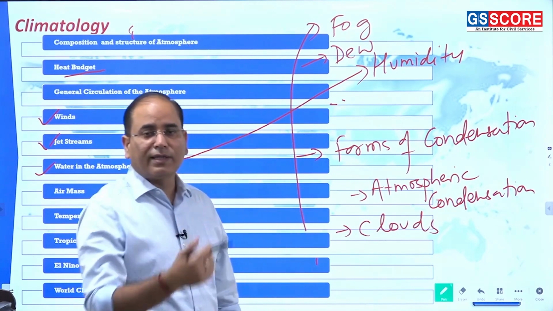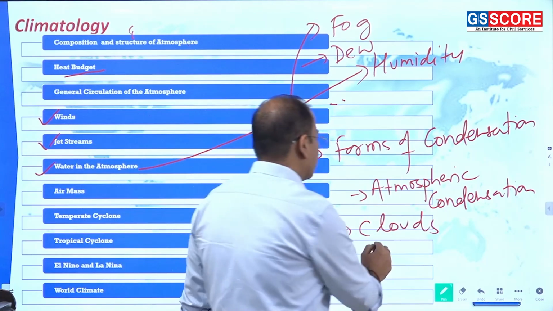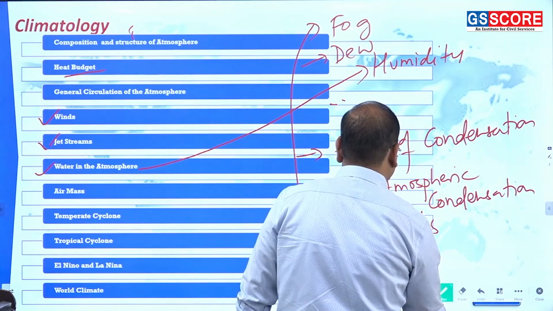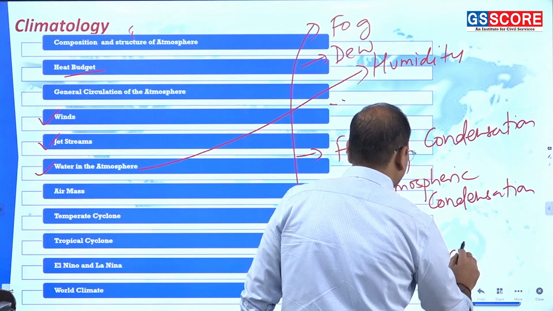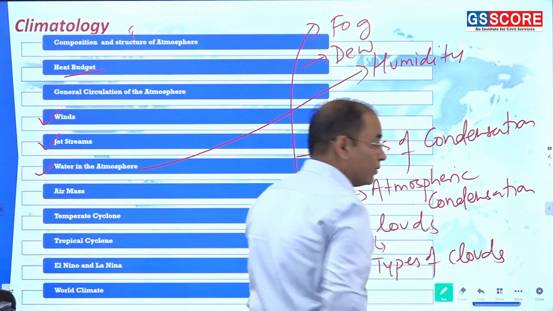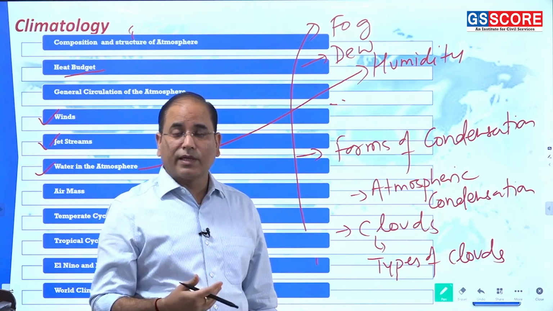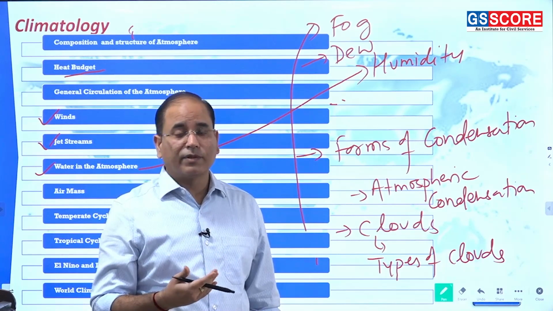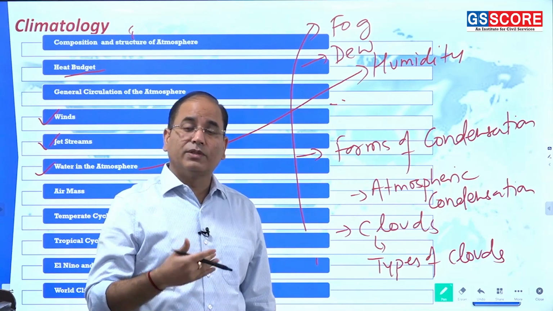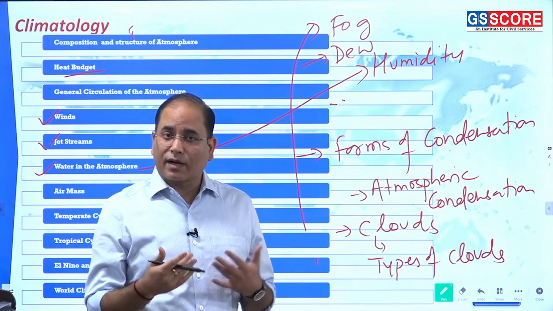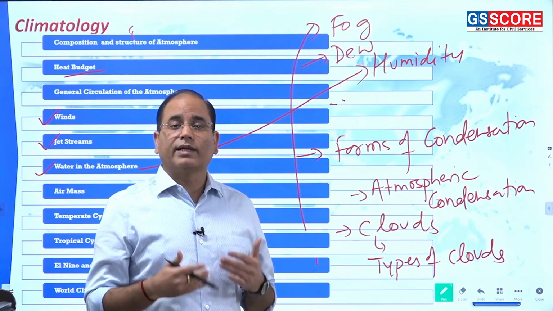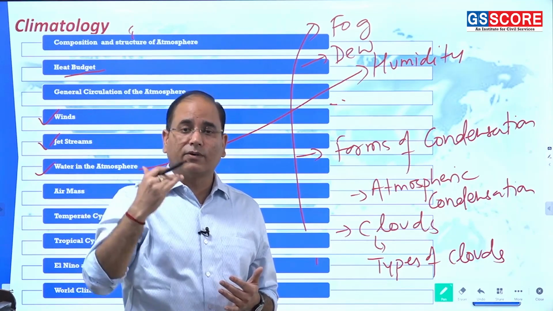So there are different types of clouds that you are supposed to study. Stratus cloud, we have the nimbus cloud, we have the cumulus cloud, and cirrus cloud. There are different clouds, and some of the cloud characteristics: high clouds, middle clouds, low clouds.